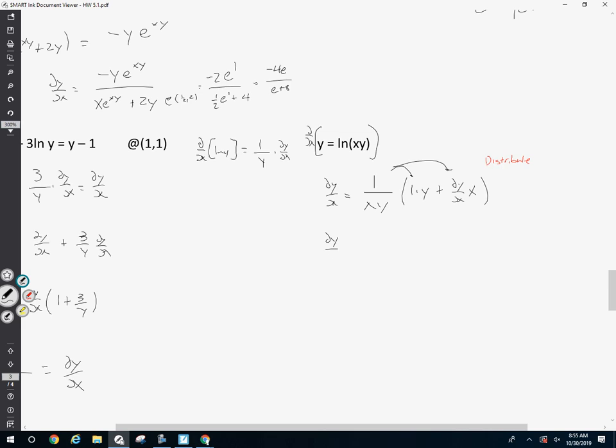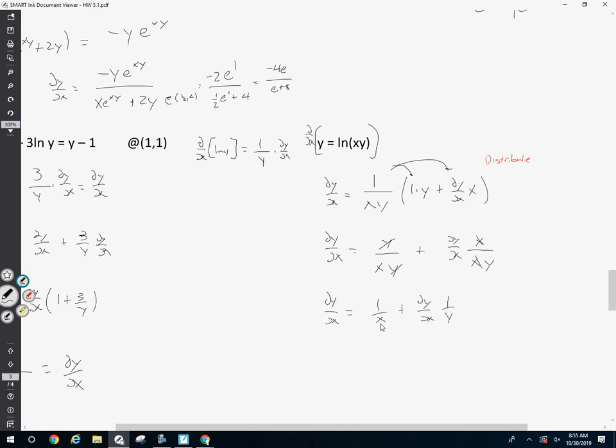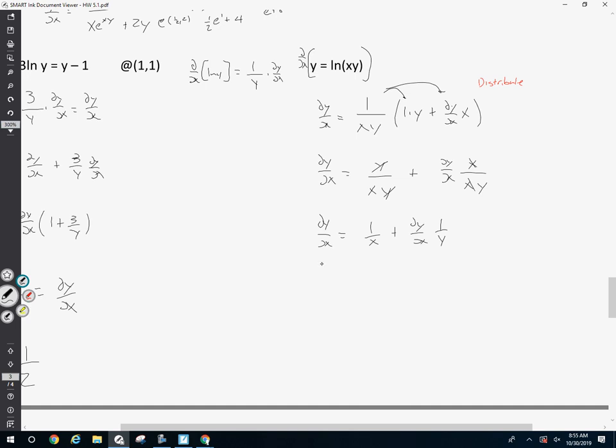If you don't have a dy dx on the left side, then you'd be fine. You got y over xy, y's cancel, that's nice, plus dy dx x over xy. Since it's multiplication, the x's cancel, that's nice. So I got now dy dx 1 over x plus dy dx 1 over y. I can move the dy dx, subtract it. So I got dy dx minus 1 over y dy dx equals 1 over x. Factor out the dy dx, 1 minus 1 over y equals 1 over x, divide.